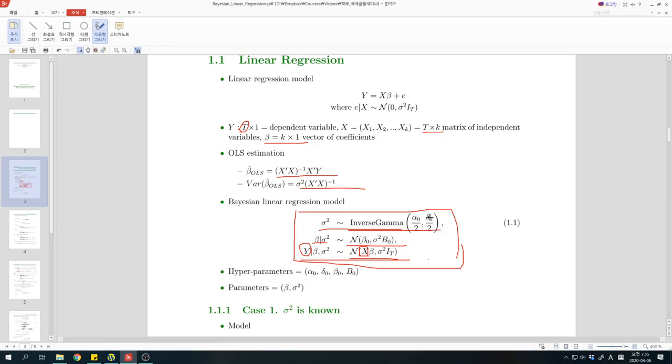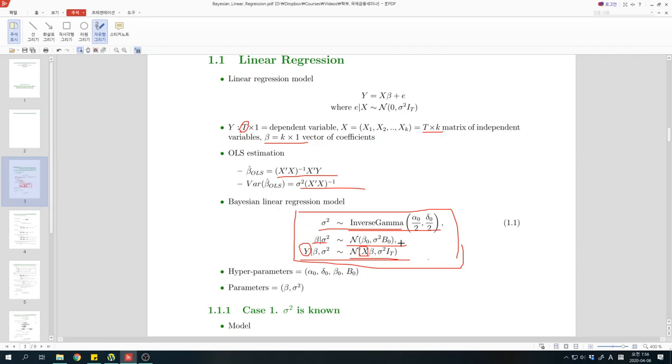These hyperparameters describe your prior belief about sigma square or beta. So alpha 0, delta 0, beta 0, and b 0 are used just to specify your prior belief or prior information before you observe the data, right? So then you know exactly what they are.